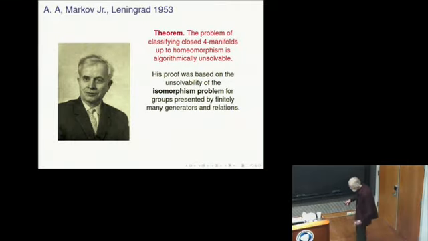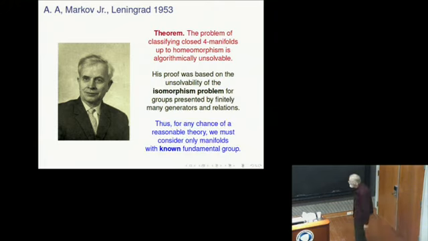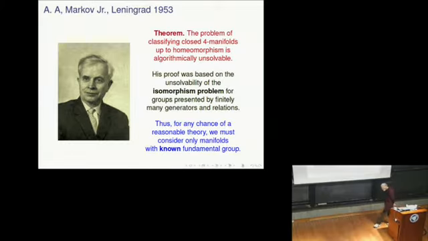And he showed that two of these manifolds were homeomorphic if and only if the groups were isomorphic. On the other hand, it had recently been shown that the isomorphism problem for groups given by generators and relations is unsolvable. So the conclusion was that if you're going to have any chance of a reasonable theory, you can consider only manifolds with known fundamental group.